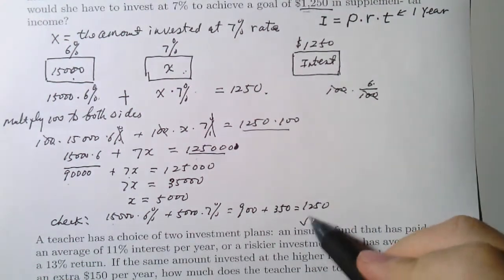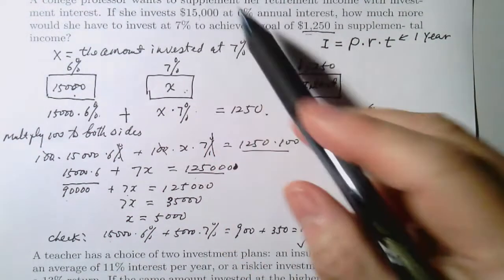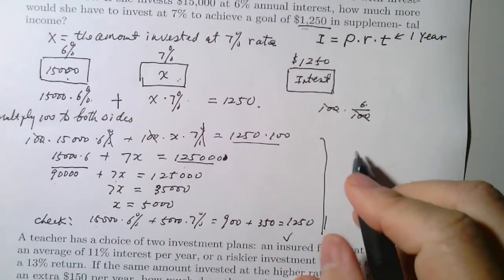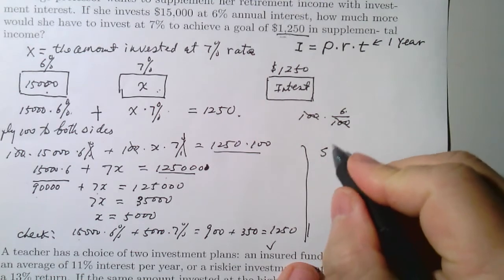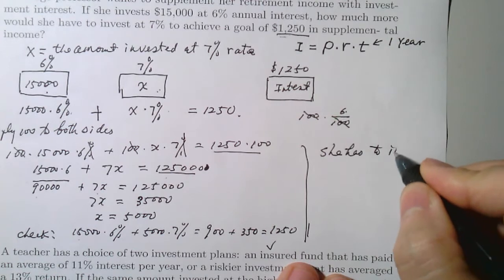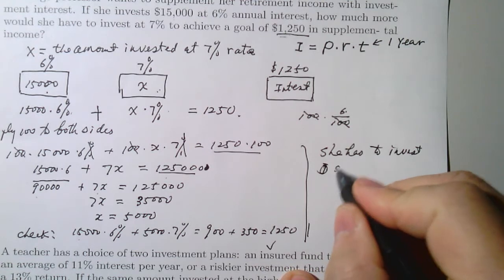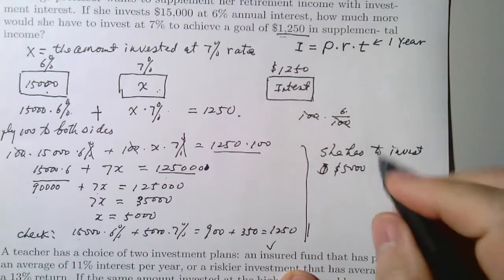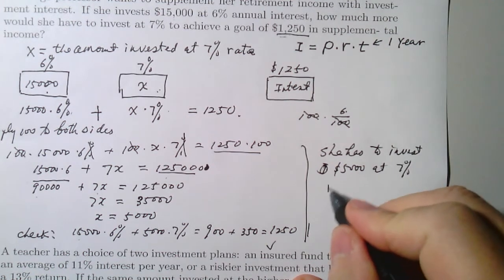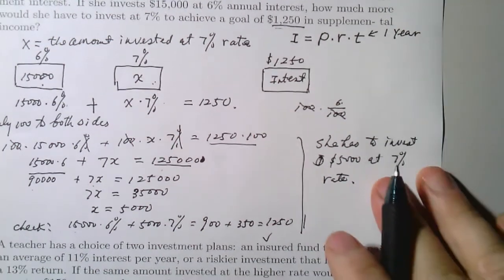That means our solution is correct and also satisfies the problem conditions. So now we can answer, and we always answer our questions: she has to invest $5,000 at the 7% rate. So that's the first question.